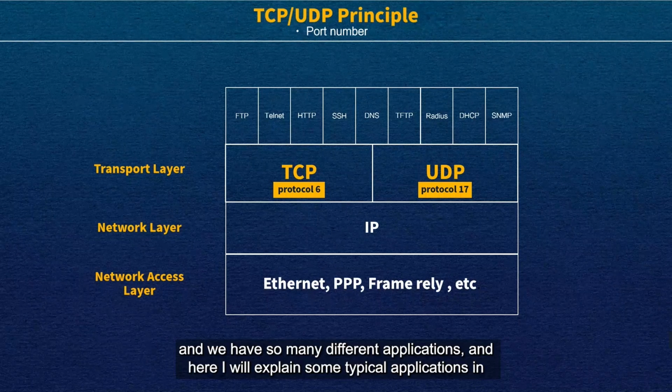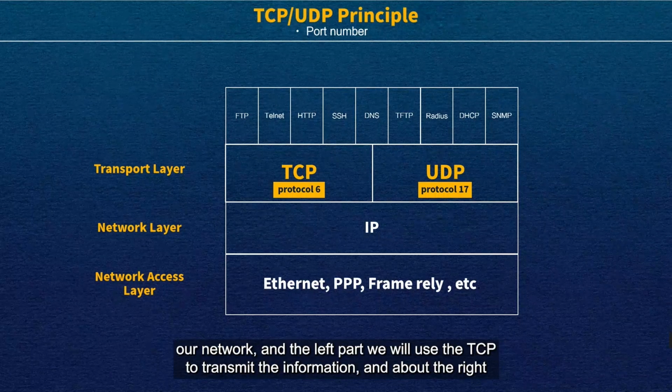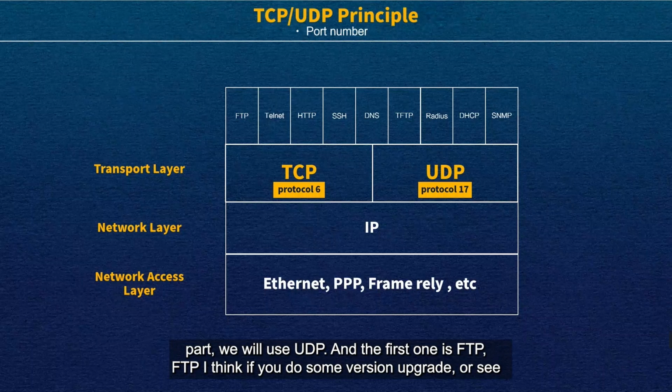And we have so many different applications. Here I will explain the typical applications in our network. On the left part, we use TCP to transmit the information, and on the right part, we use UDP. The first one is FTP.